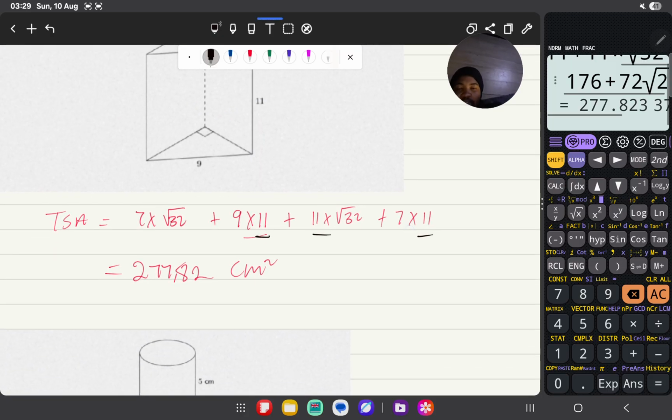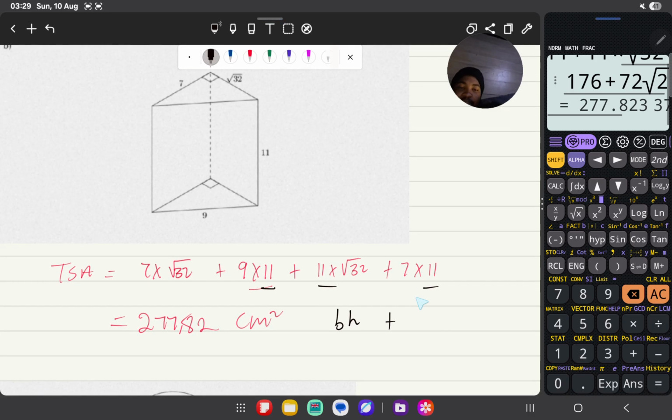Which gives me the idea that the area for the triangles will be perpendicular height and the breadth, and the base and the perpendicular height, plus in this case the height of the rectangles into breadth, length, whatever, but it doesn't matter.